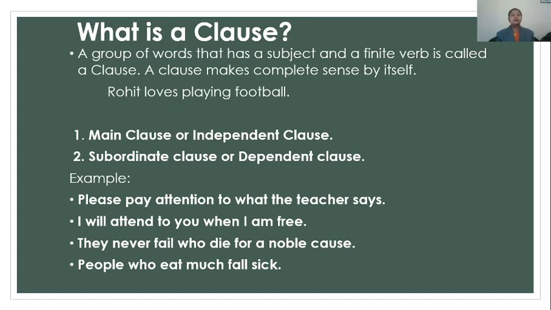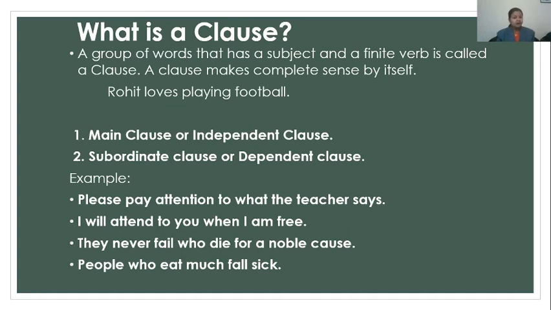And as these clauses help in the formation of long sentences, according to that only we decide whether a sentence is a simple sentence, a compound sentence, or a complex sentence. It means that the number of clauses and the type of clauses in a sentence decide whether a sentence is a simple sentence, a compound sentence, or a complex sentence.